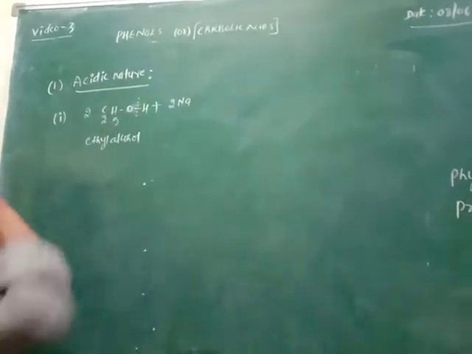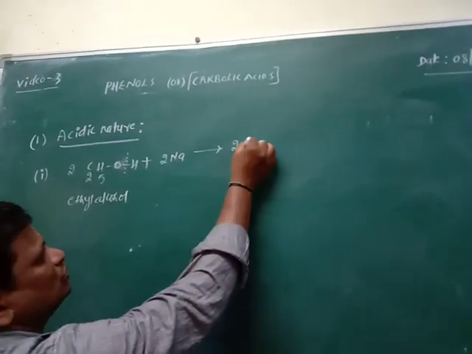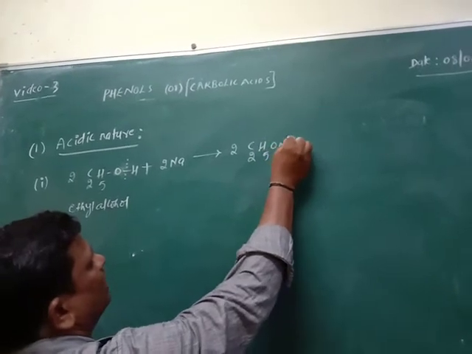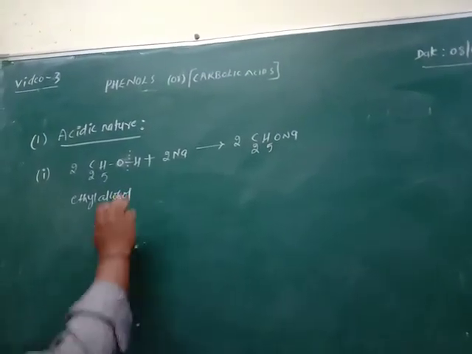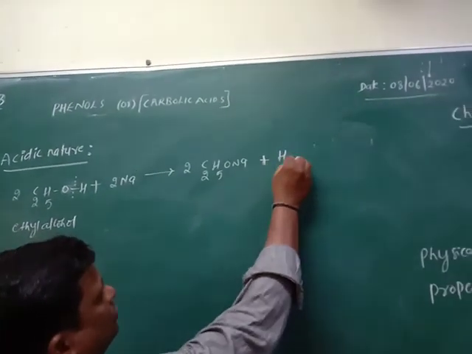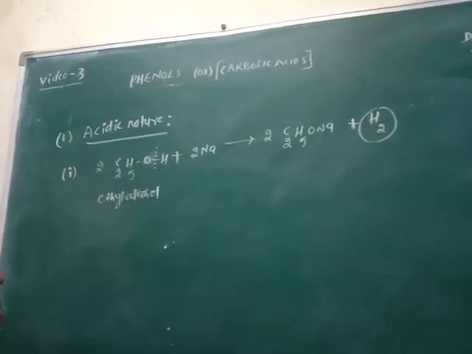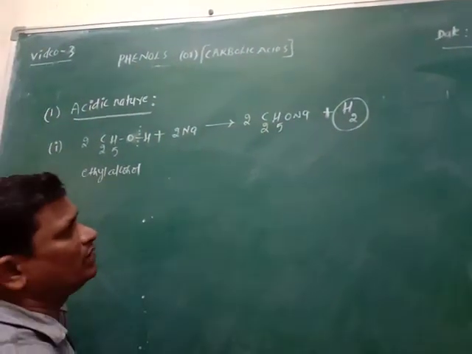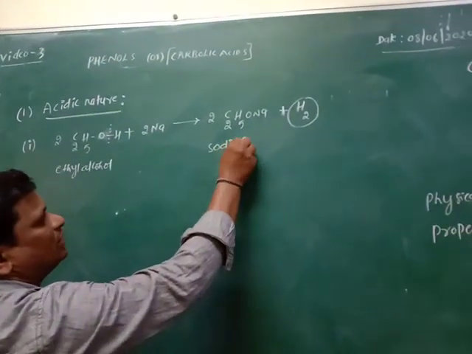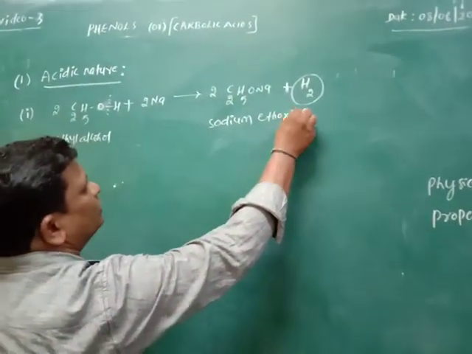The obtained compound is 2 moles of C2H5ONa, and the remaining 2 hydrogens are liberated as hydrogen. The obtained compound is sodium ethoxide.